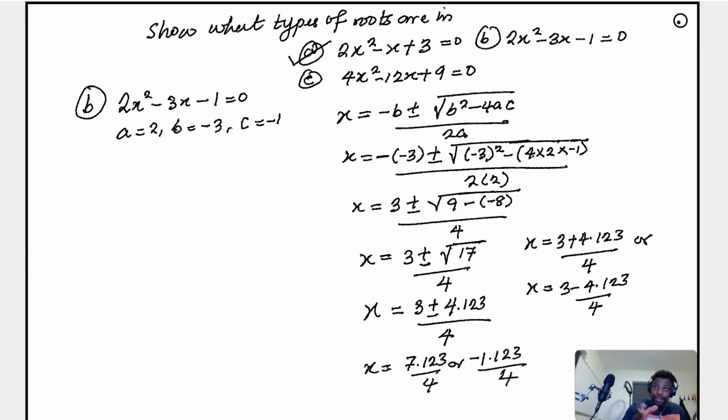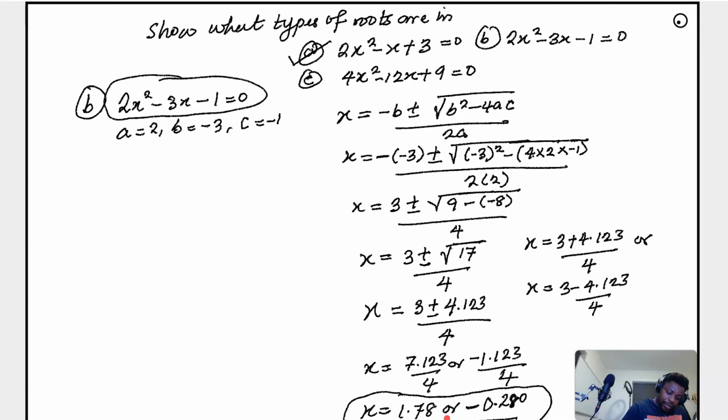Now you can divide, but okay, let me quickly do it. So that is 7.123 divided by 4. So this will be 1.78, or 1.123 divided by 4. This will be minus 0.280.